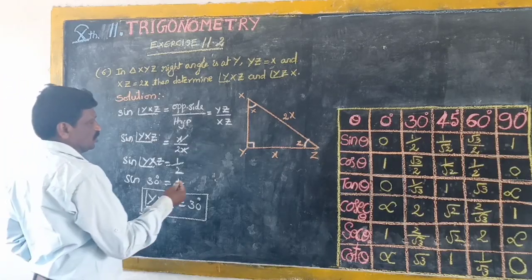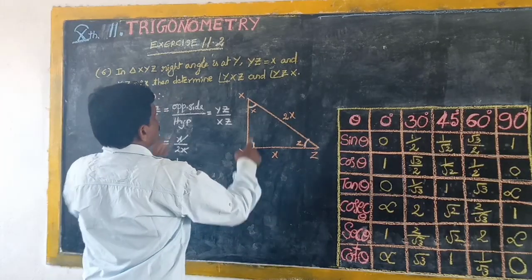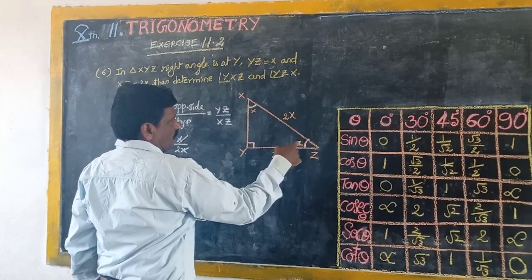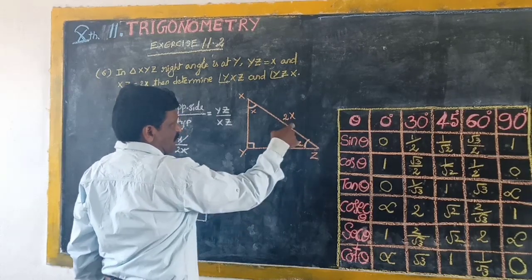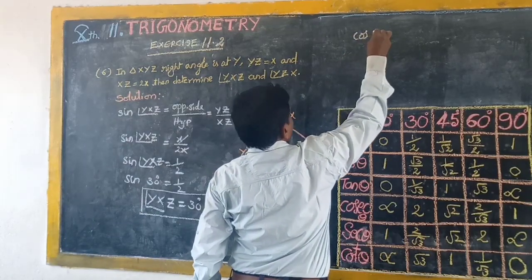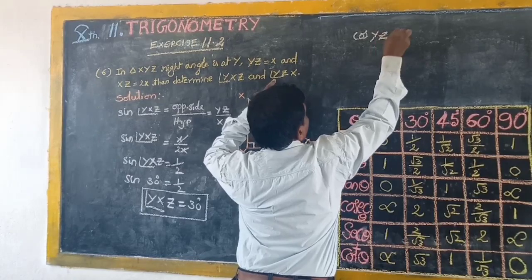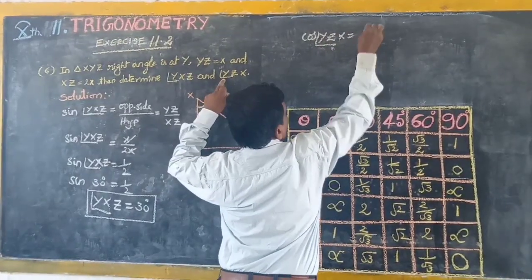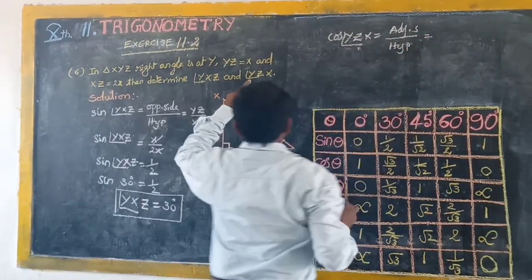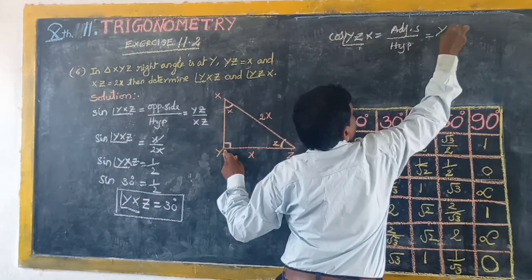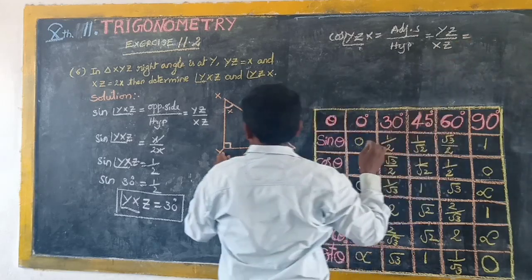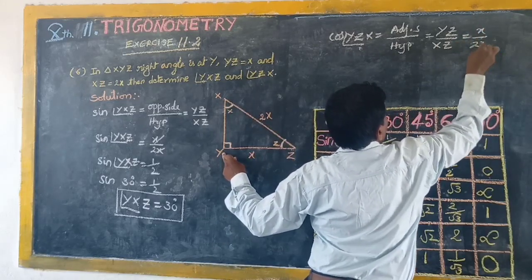Next, as usual, we want YZX. For angle YZX, adjacent side to hypotenuse means cos. Cos YZX is equal to the adjacent side by the hypotenuse. The adjacent side YZ by XZ: YZ is equal to X, XZ is equal to 2X.